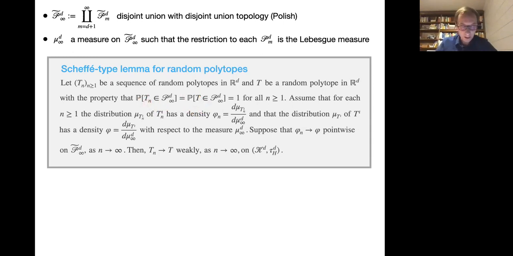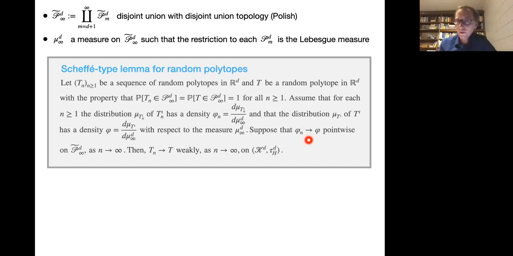Now we assume that for each n, the distribution of these polytopes, after the identification map that identifies a polytope with its vertex representation in the Euclidean space, has a density. Suppose that we can compute some kind of density. And that the distribution of the limiting random polytope also has a density with respect to this measure that we introduced on this infinite dimensional space.